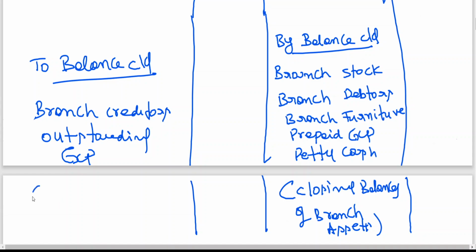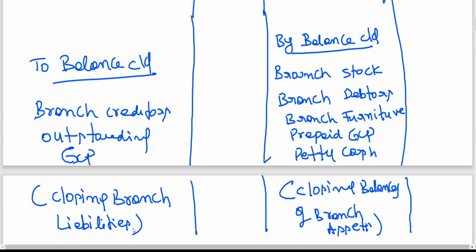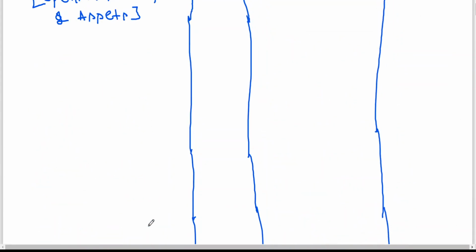Outstanding expenses. They are nothing but closing branch liabilities. Clear to all of you?